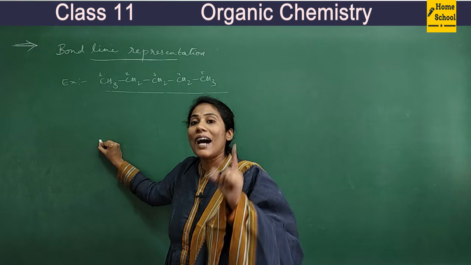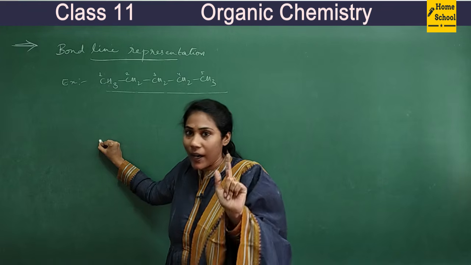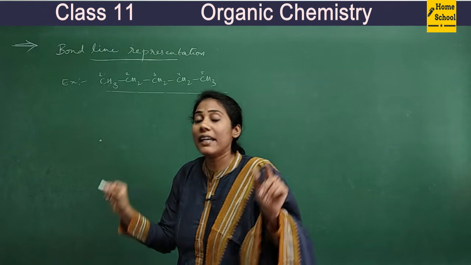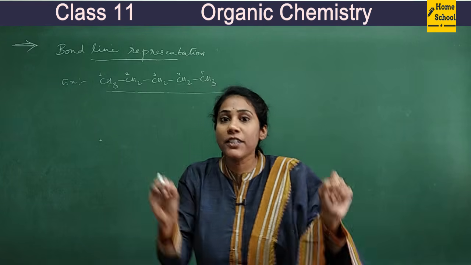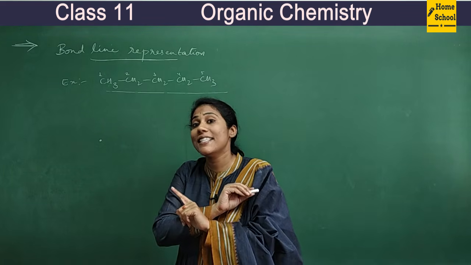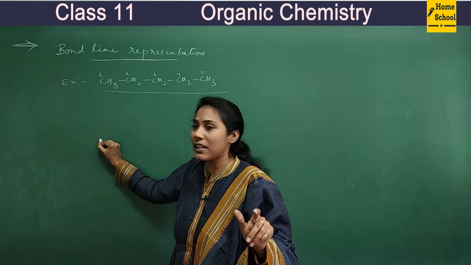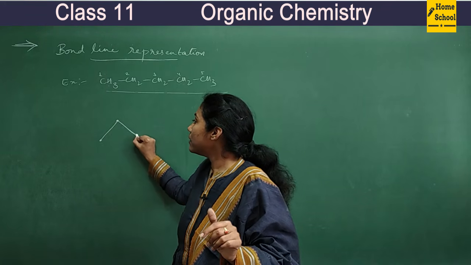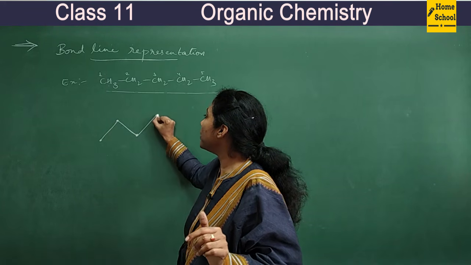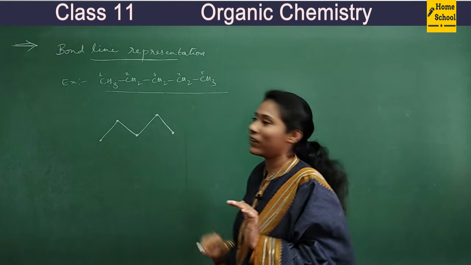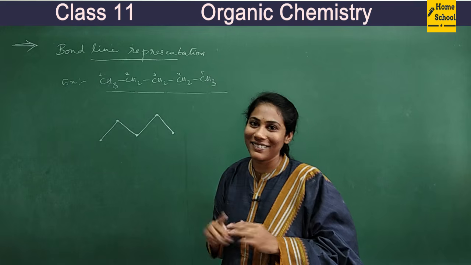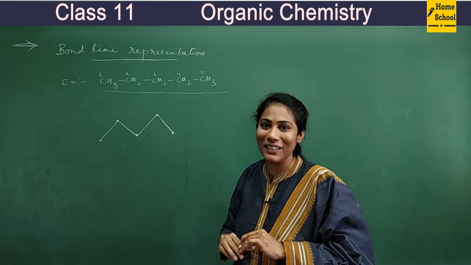Here carbons are represented as points only, not as C. So this is my first carbon, first point. Second point, second carbon. Third carbon, fourth carbon, fifth carbon, over. So this is the bond line representation of this particular molecule.